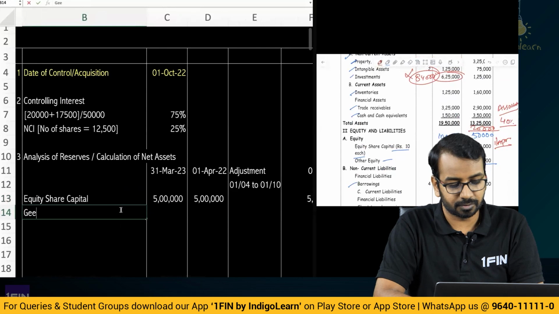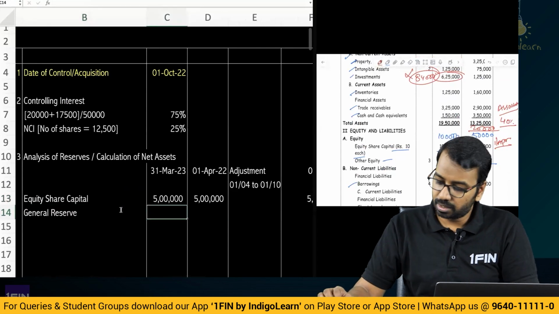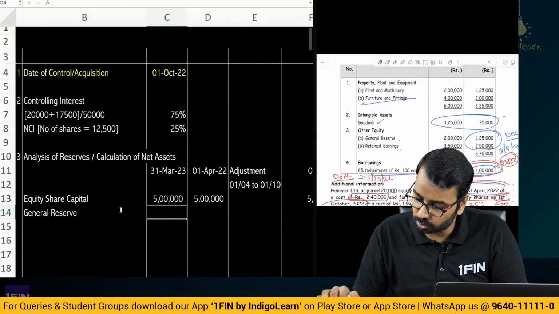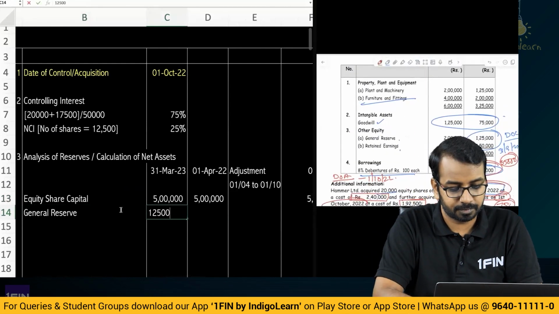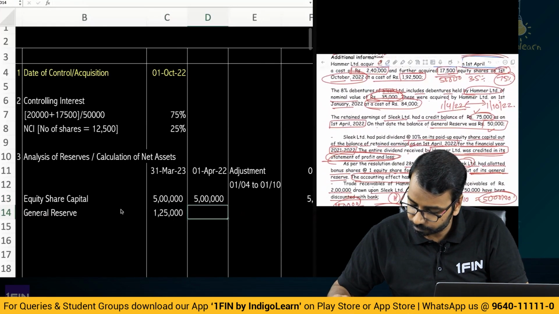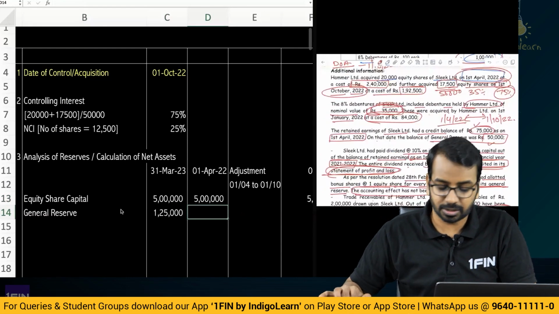we have general reserve. General reserve on date of consolidation, that is closing balance, is 1,25,000, and bonus issue has not been accounted for. Accounting effect of bonus has not yet been given.